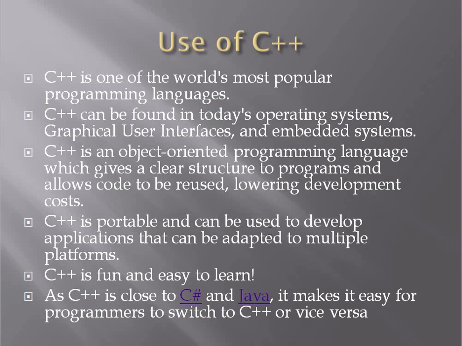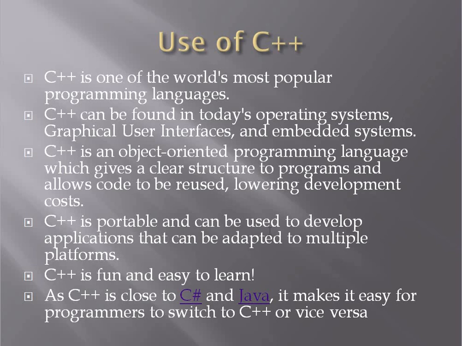C++ is portable and can be used to develop applications that can be adapted to multiple platforms. Means by using C++ we can create independent applications, and it is used on various platforms.